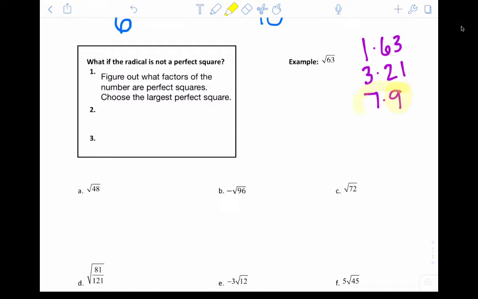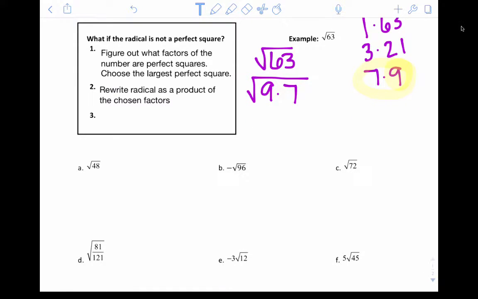Now that I know that the factors I'll use are 7 and 9, I can rewrite this radical as 9 times 7 instead of square root of 63. It's the same thing because 9 times 7 equals 63, so I can substitute that in.